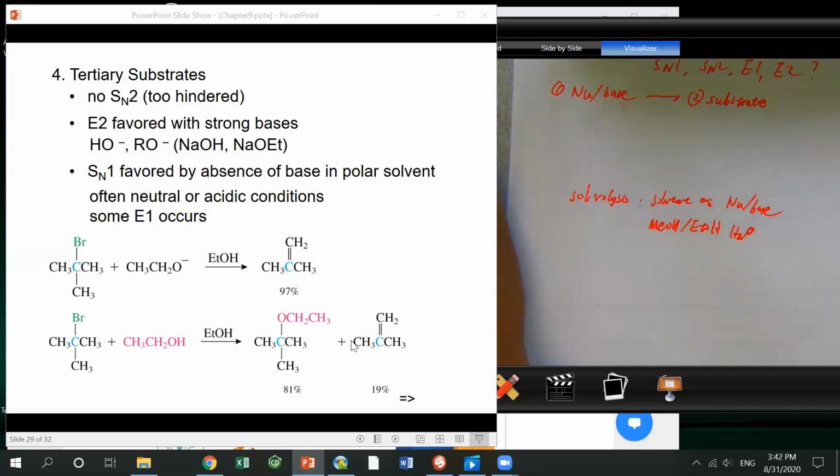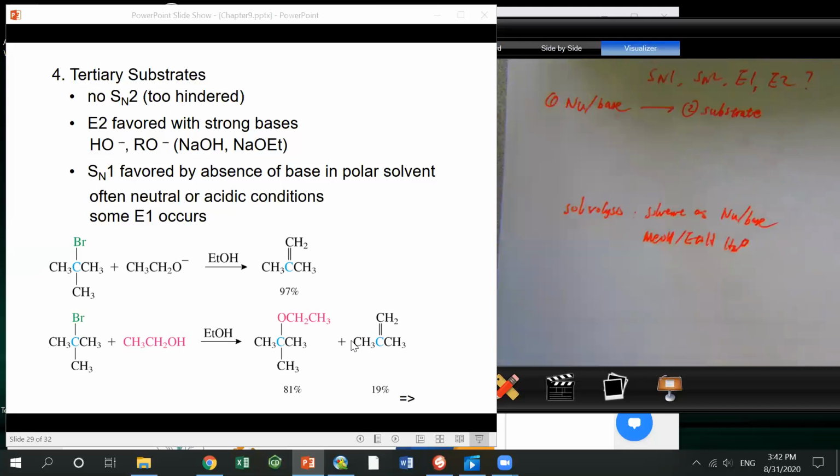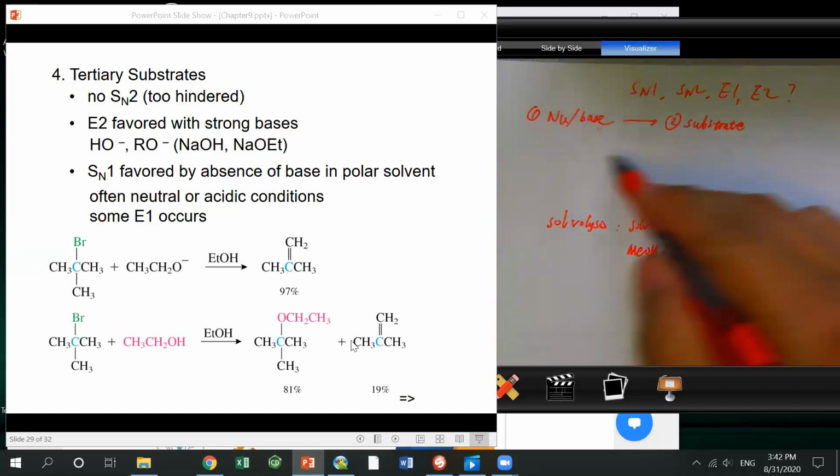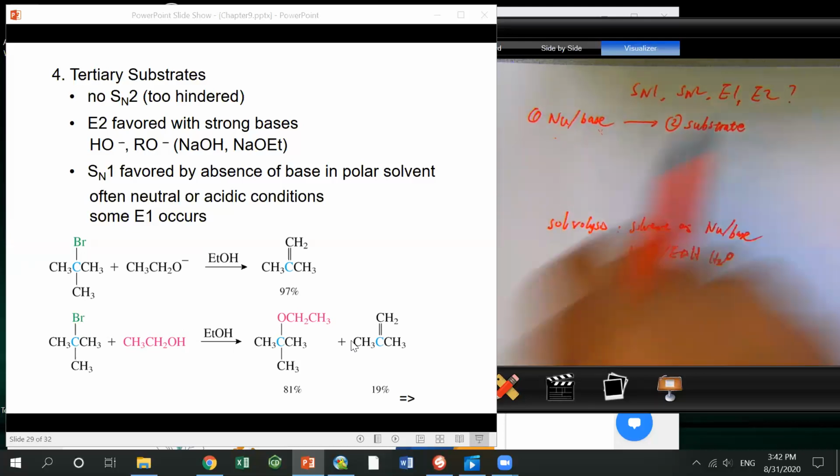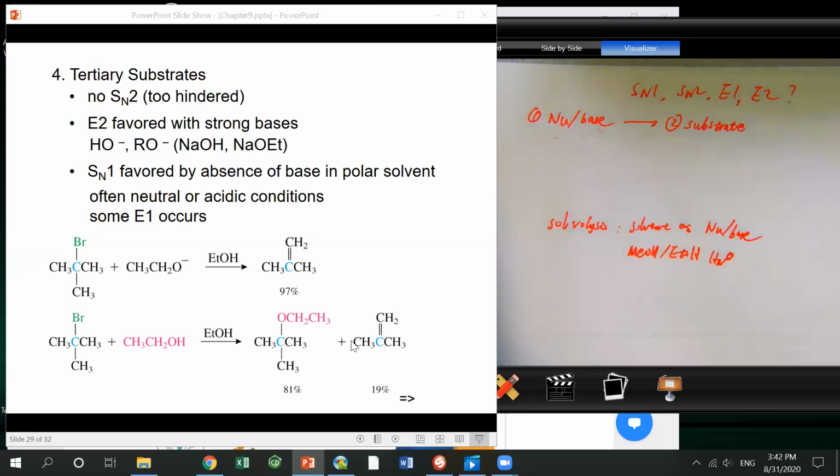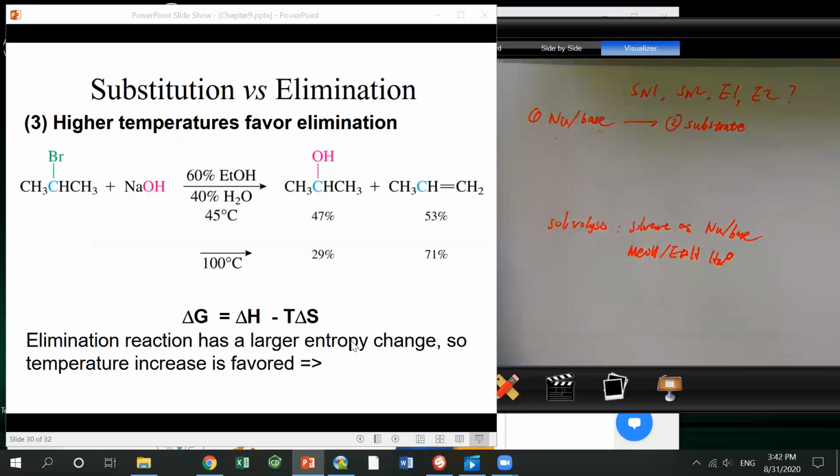So that's two situations. You have to consider the substrate, first the nucleophile, and then second the substrate. And then the third situation, you have to think about the temperature.